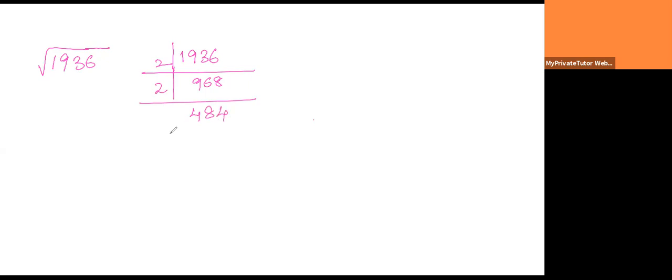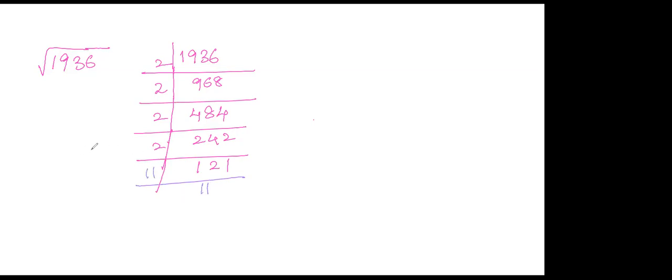So I think everyone knows that this is divisible by 2, so try by 2 again. I hope everyone knows that 121 is nothing but 11 times 11, isn't it?